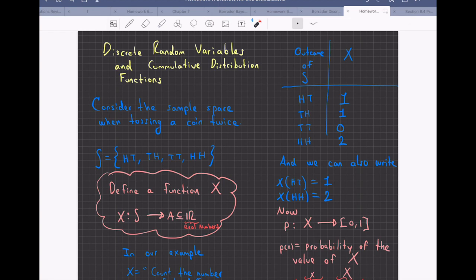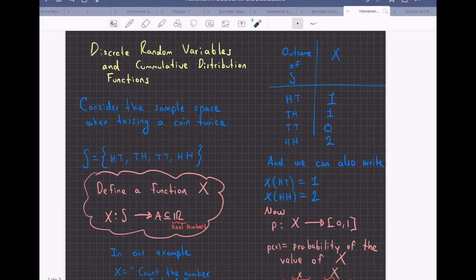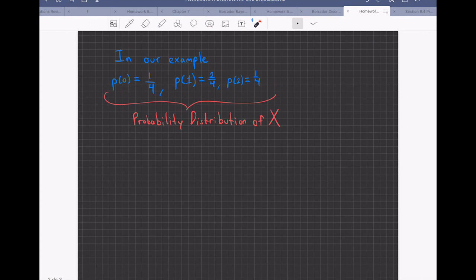When you toss a coin twice, this is the sample space. But maybe a given person is more interested only in what is the probability that I observe one head, or what is the probability that I observe two heads. Well, these questions can be answered by using the probability distribution of x. Yeah?